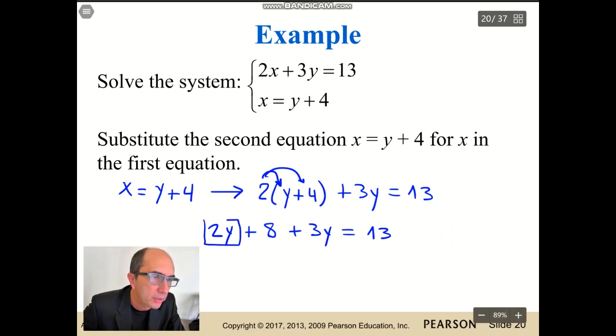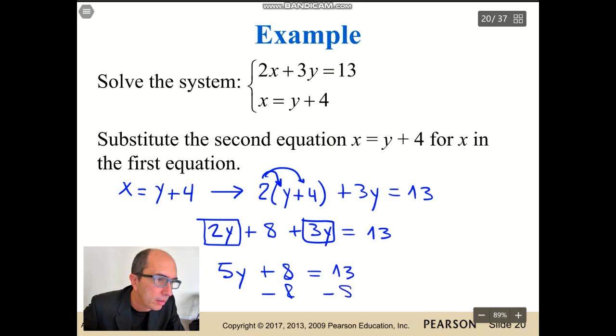Combine like terms: 5y plus 8 equals 13. Apply the addition property: 5y equals 13 minus 8, which is 5. Result: y equals 5 divided by 5, which is 1.